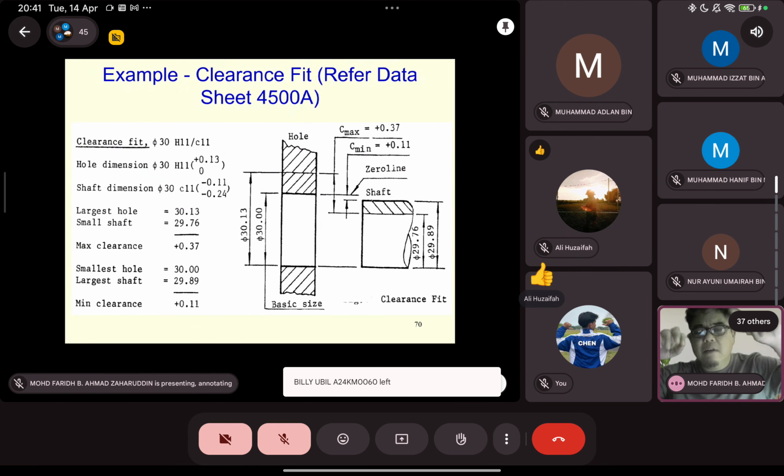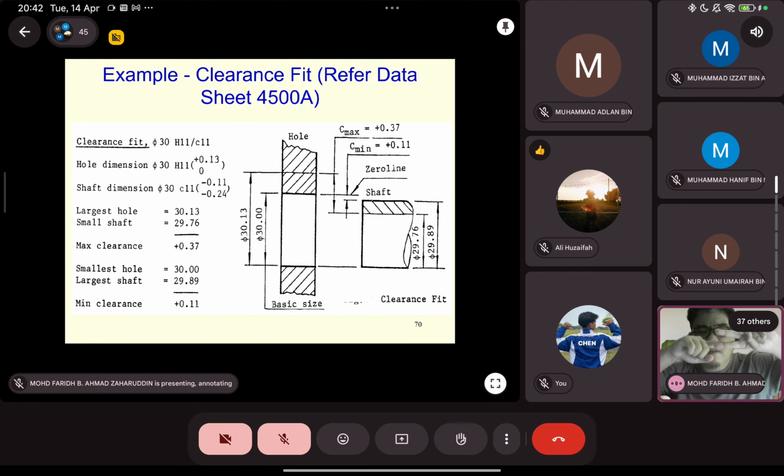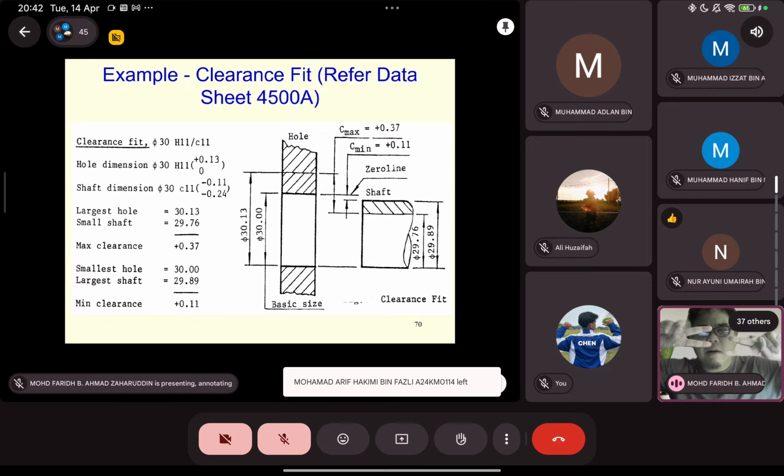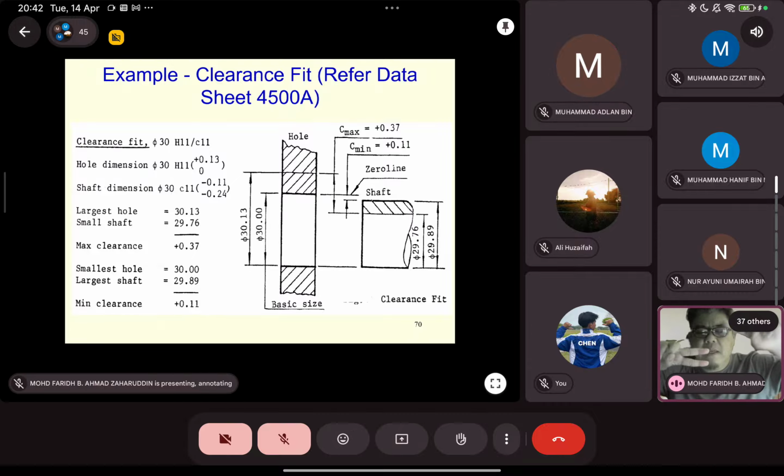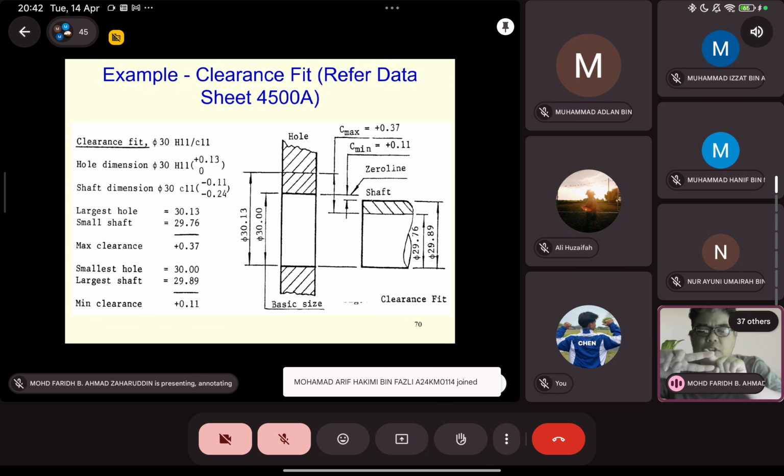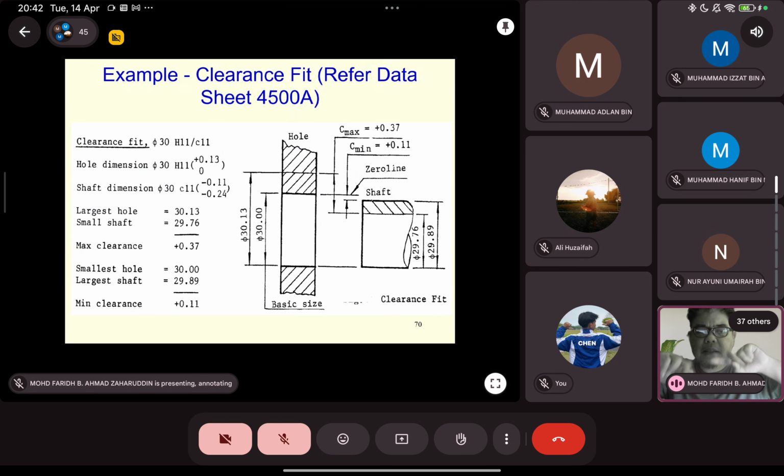Yes, thank you, Arif. So still remember, this is the acceptable tolerance for holes, and on my right hand side is the acceptable tolerance for shaft, the upper limit and the lower limit for shaft. And on my left hand side is the upper limit of holes and lower limit of shaft. What I can say is that the maximum dimension of hole, minimum dimension of hole, maximum size of shaft, minimum size of shaft.